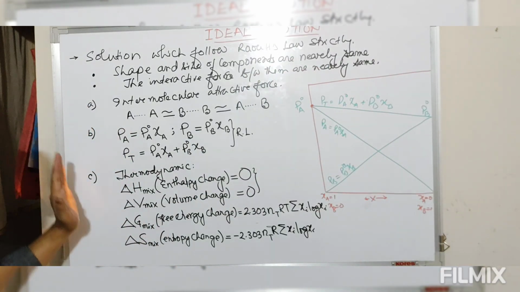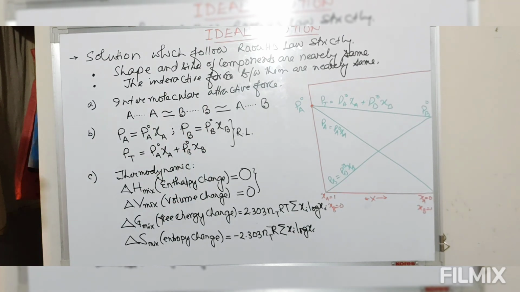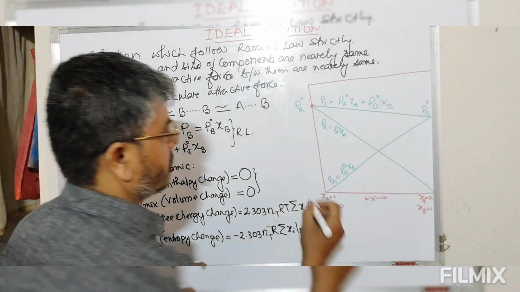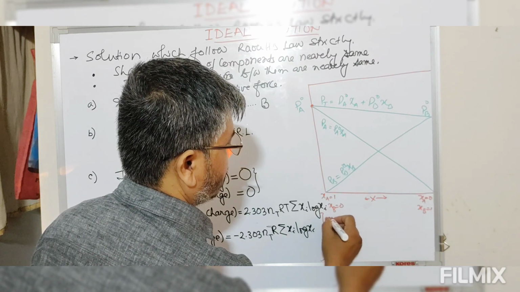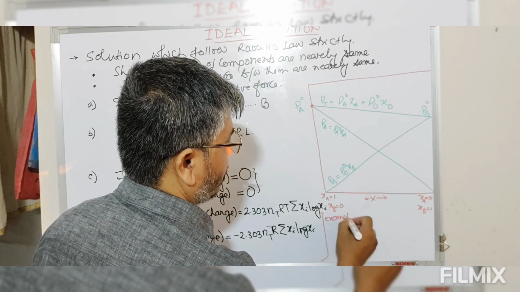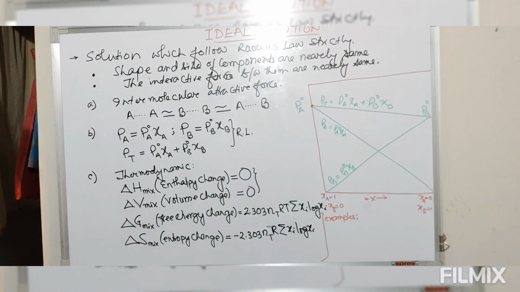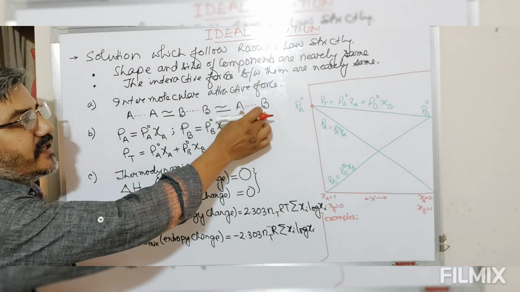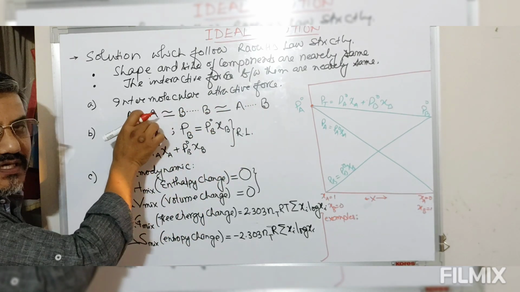Now the point is, we get some examples of ideal solution. Let's see some examples of ideal solution. The condition is that the intermolecular attractive force between A and B should be similar to that between BB as well as AA.